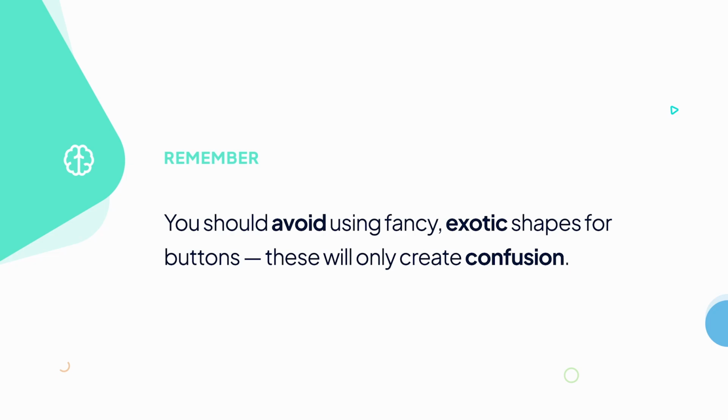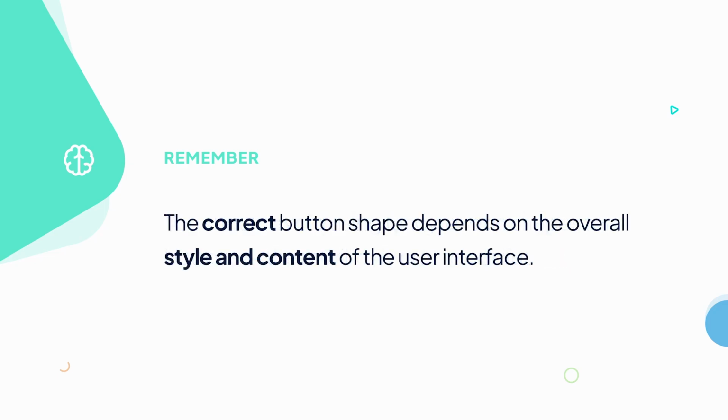These will only create confusion. The correct button shape depends on the overall style and content of the user interface. So that's the first step to designing better buttons, and that is to use the proper or the correct shape. The next one is to use the proper size. So let's explore that in more detail.